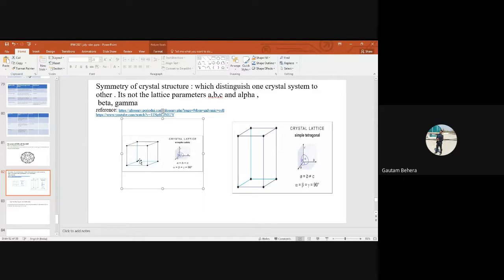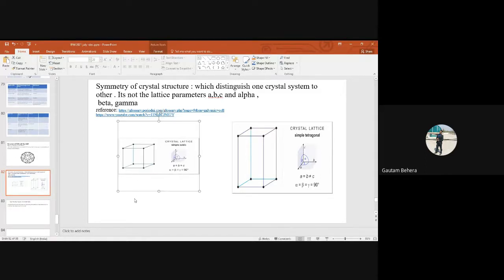Suppose we are considering this as an origin. So this is A, this one is B, and this one is C, and it is a cube. That means all the edge lengths are same. So that is why A is equal to B is equal to C. I think it is okay up to this.